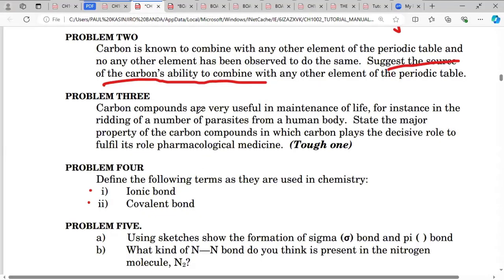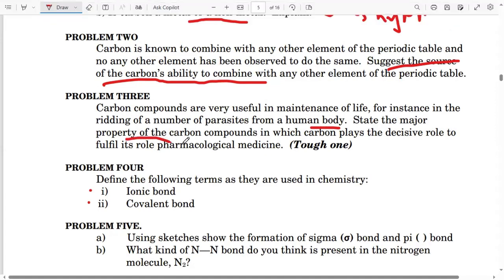Okay, and then let's answer question 3. What does it say? Question 3 says carbon compounds are very useful in the maintenance of life, for instance, in the reduction of the number of parasites from the human body. State the major property of carbon compounds in which carbon plays the decisive role to fulfill its role in pharmacological medicine.